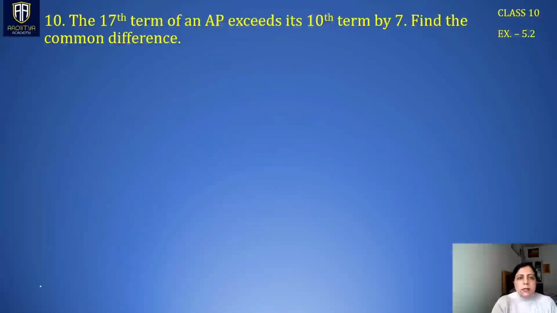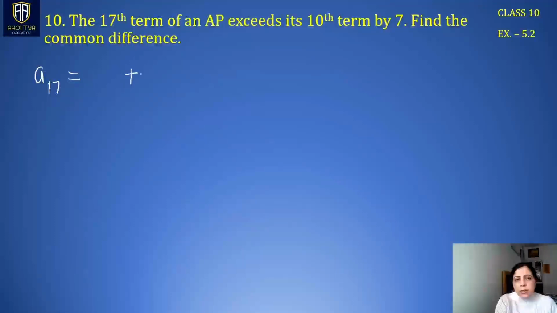Next is, the 17th term of an AP exceeds its 10th term by 7. Exceeds means it is more than the 10th term by 7. Try to make an equation as we do in linear equations. Read it in a manner so that you form an equation. The 17th term, that is A17 of an AP, exceeds means it is more.